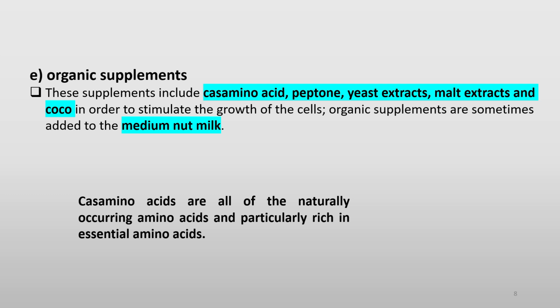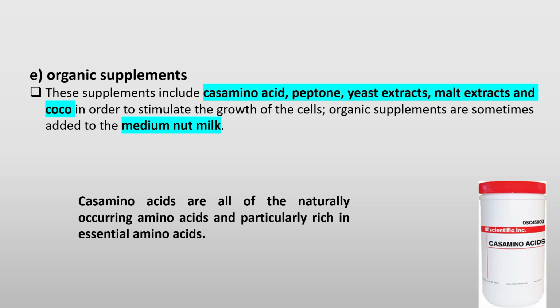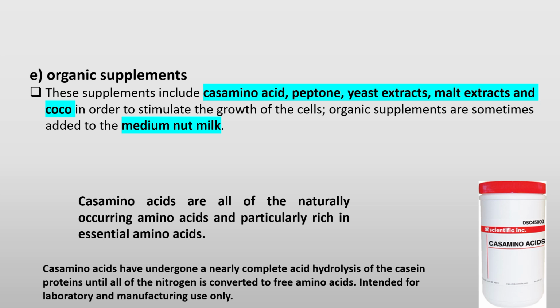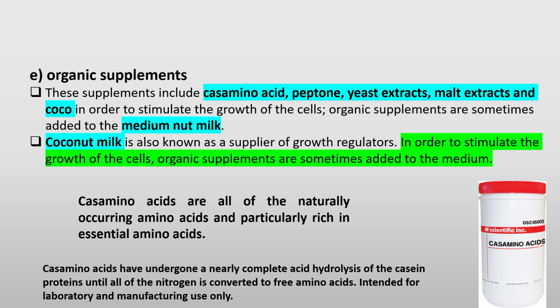Casamino acids are all of the naturally occurring amino acids and particularly rich in essential amino acids. Casamino acids have undergone a nearly complete acid hydrolysis of the casein protein until all the nitrogen is converted to free amino acids, intended for laboratory and manufacturing use only.